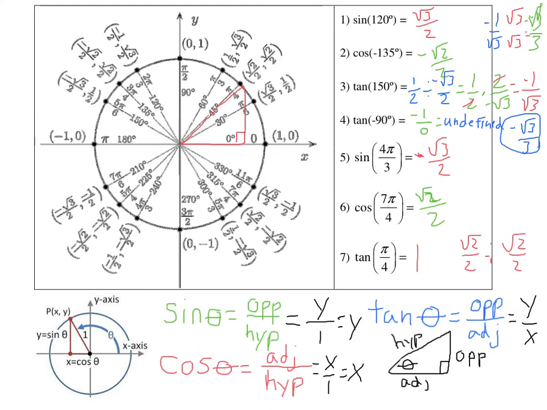All right, in summary, how do we do this kind of problem? You look at the angle, it could be a radian or a degree, and you draw your triangle. Then once you have your triangle, if it says cosine, you want the x. If it says sine, you want the y. If it says tangent, you want the y divided by the x, and reduced.